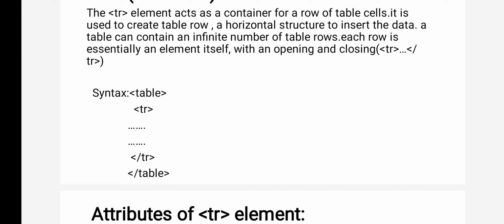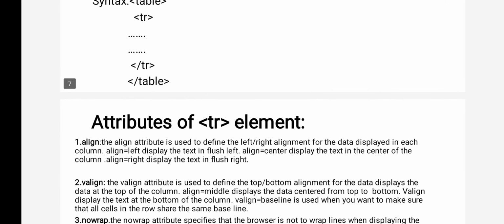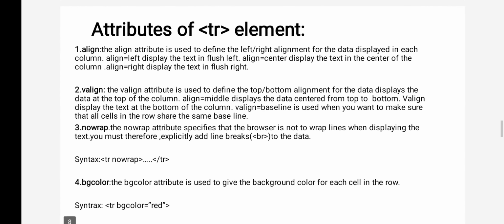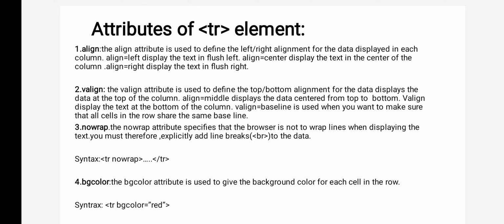Now, attributes. Just now I have discussed table attributes. Here I will explain a few attributes of the TR element. First one is align. Again, align is a position. But here, where are we using a position in a row? In a row we write the content in cells. So if you want to give a position to your cells' content, then we'll use the align attribute.